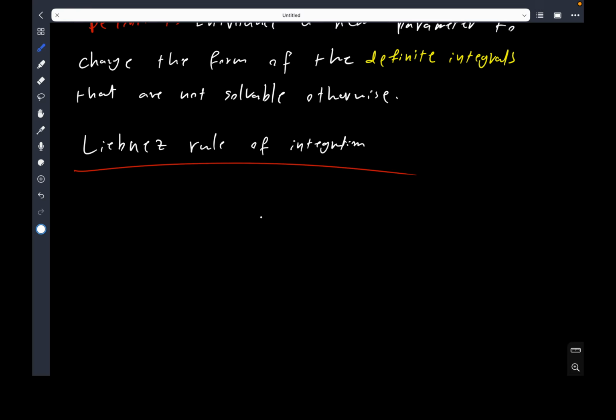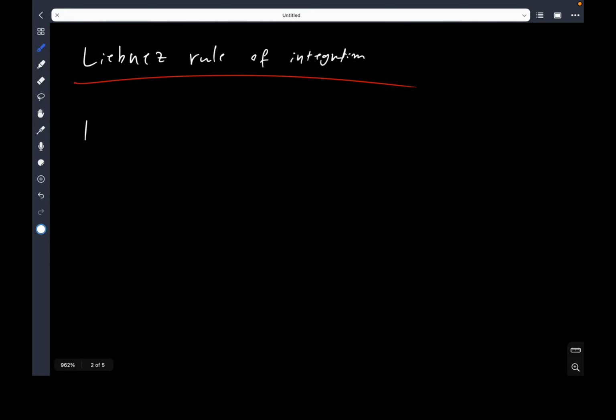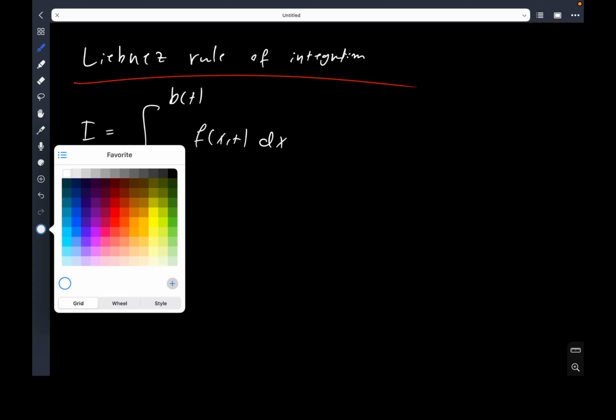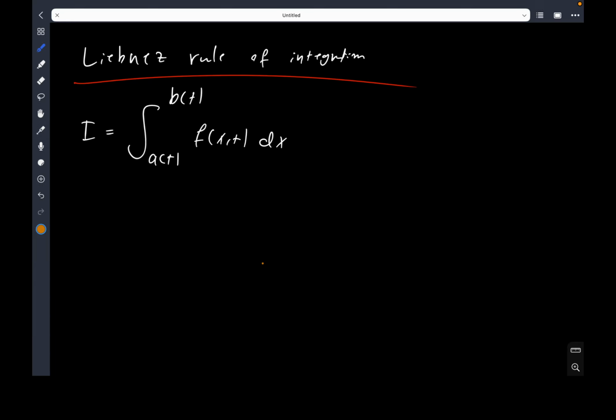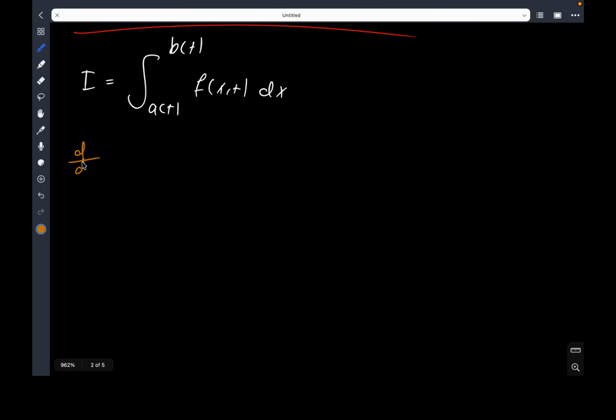It says that, for example, suppose I have an integral I defined as the definite integral from a of t to b of t of f of x and t with respect to x. And now suppose that I want to take the derivative with respect to t.